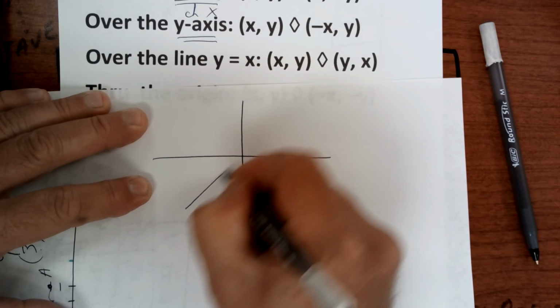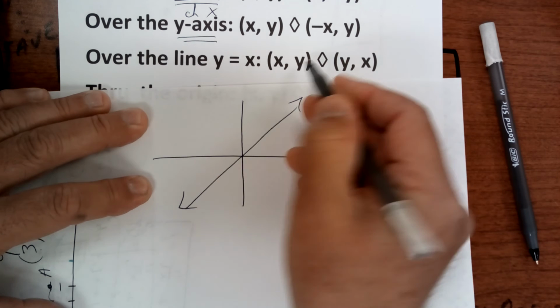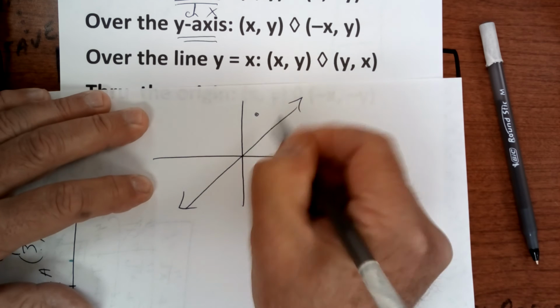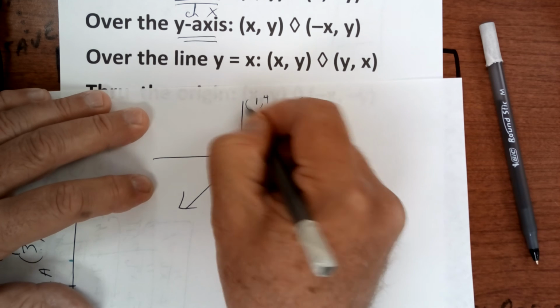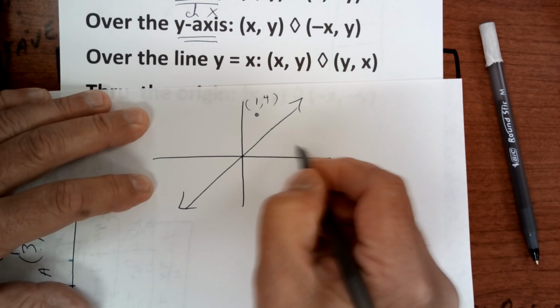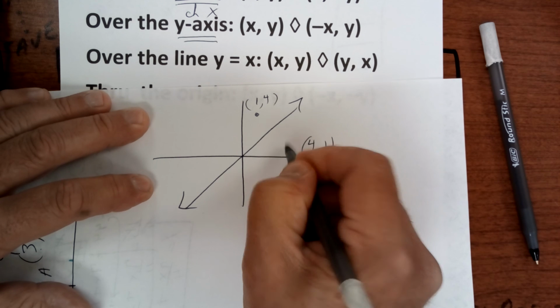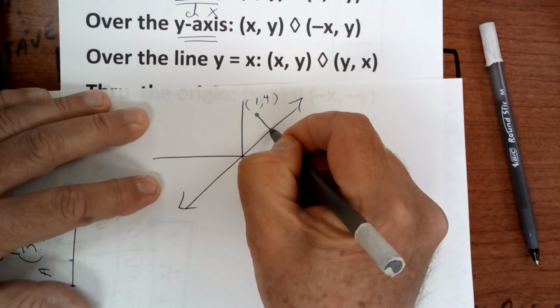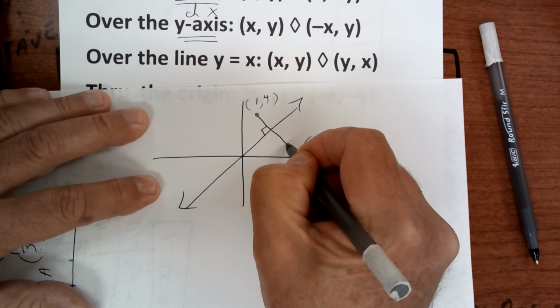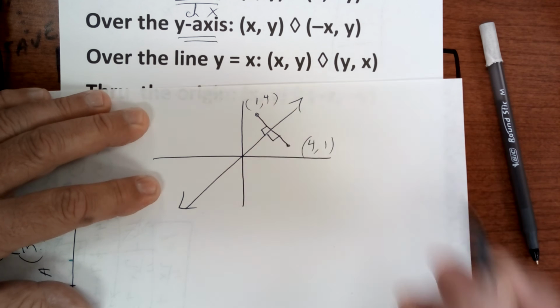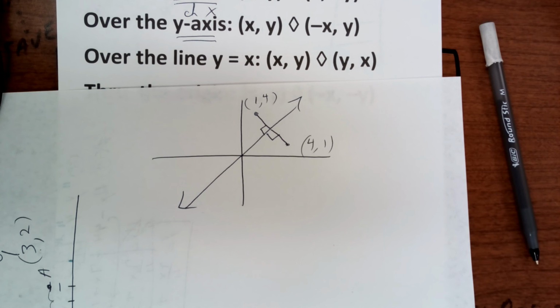looks like this. So what you do is you switch them. So if this point is over 1 up 4, you would switch them and say over 4 up 1. And when you reflect it, you got to go 90 degrees to whatever line it is. Make sure you go 90 degrees. Don't go sideways. Okay?